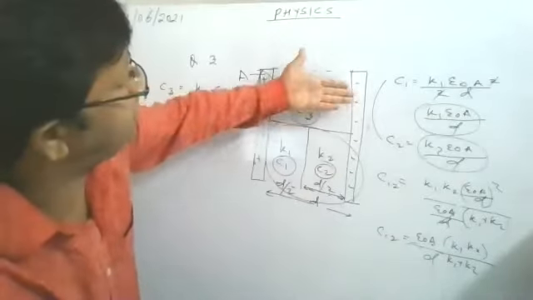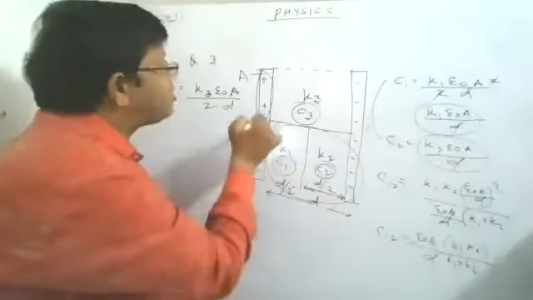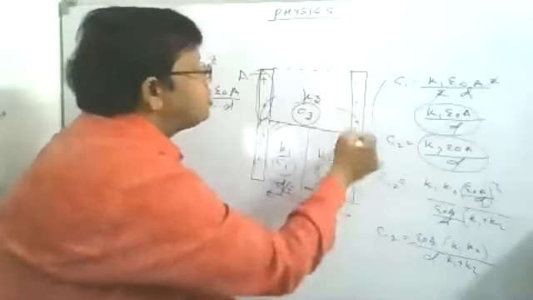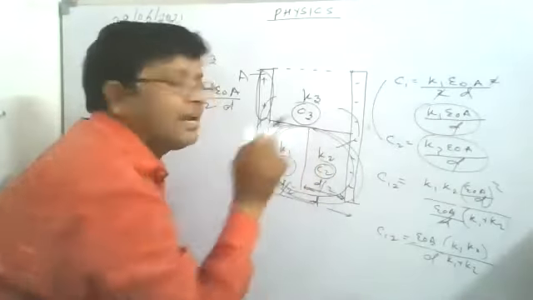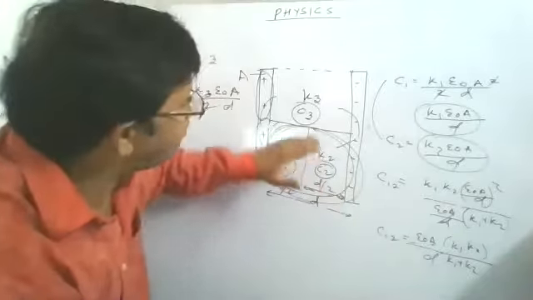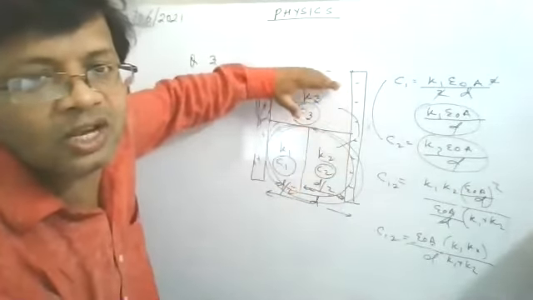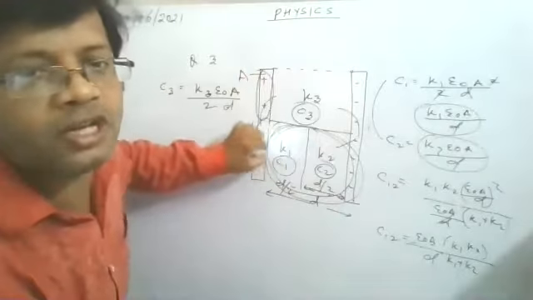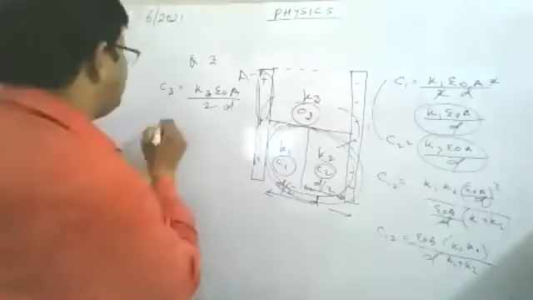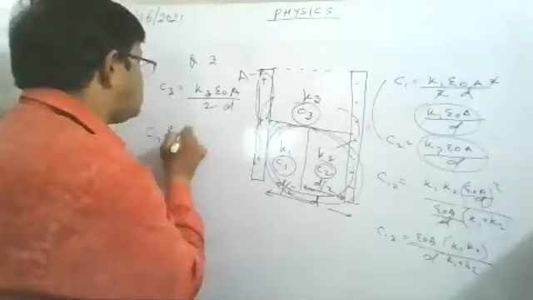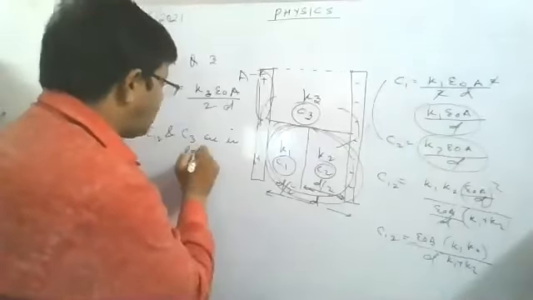C12 and this: their positive plates are at the same point and negative plates at the same point. We first find the equivalent capacitance of the first and second capacitor, that is C12, and treat it as a single capacitor C12. This is C3. So C12 and C3 are in parallel combination.